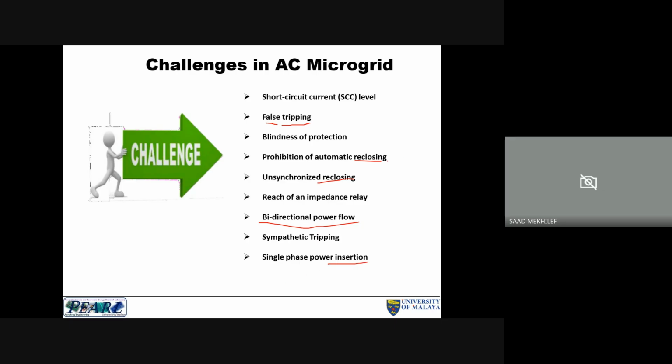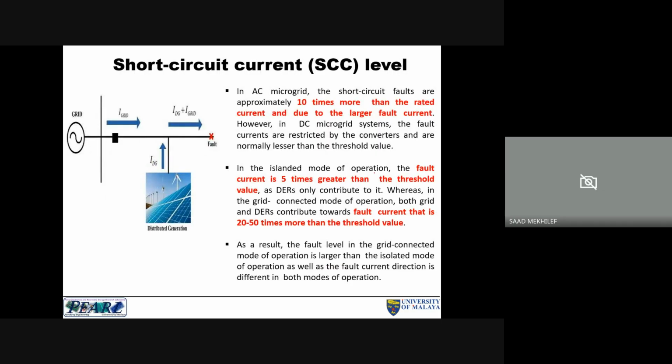So let's look into the first one, which is the short circuit current. If we look into this diagram, we have the DG current, the grid current, and then the total current, for example, when the fault happens here. This is an AC microgrid.